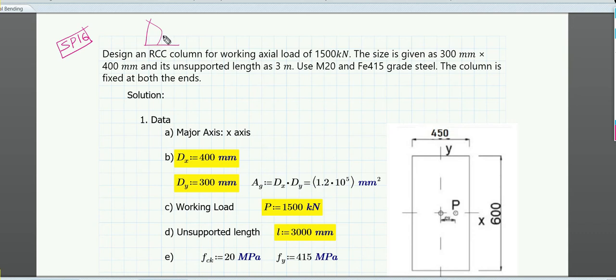You can download SP16 from the net. It is available freely, for learning purposes.